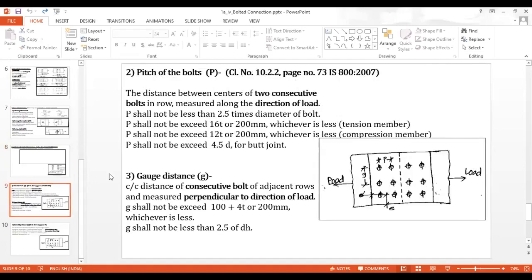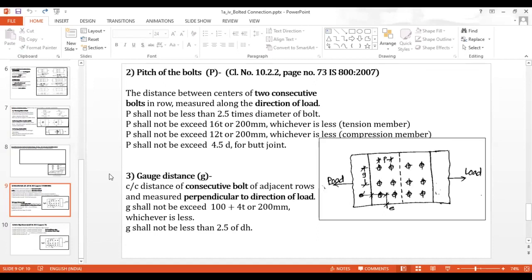Coming to the next point, that is the pitch of the bolt. We get an idea regarding it from clause number 10.2.2, page number 73 of IS 800/2007.